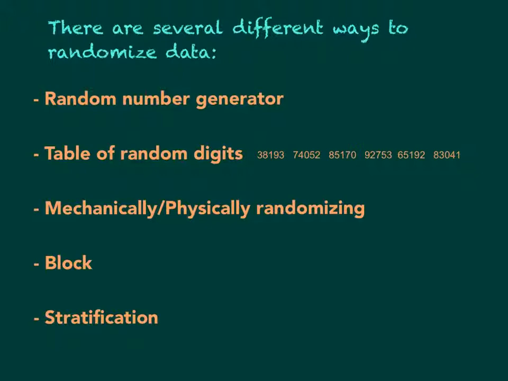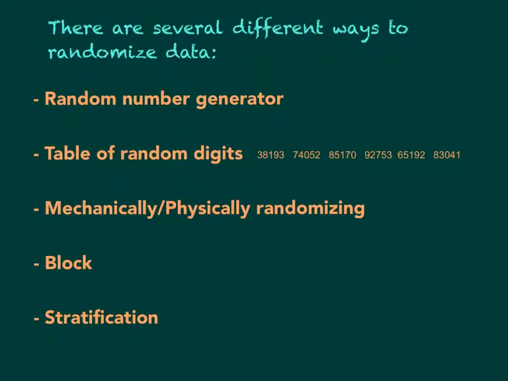Lastly, one can mechanically or physically randomize data. This includes randomly drawing from a hat. A large number of problems on the AP test will require this as a use of randomization. So let's start with designing a randomized set of data this way. The first step is to assign numbers to an experimental treatment or unit.